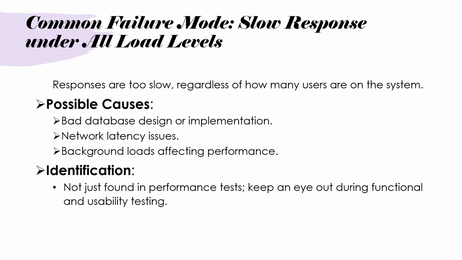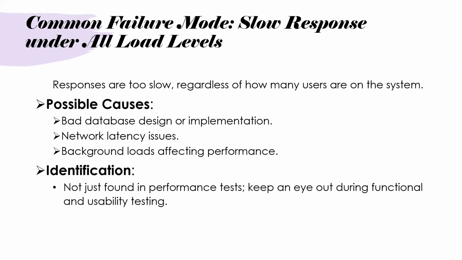This means responses are too slow regardless of the number of users, which means when you're trying to access the application, it is really slow without even having concurrent users. For this one, possible causes could be a bad database design or implementation, or your network is too slow. Also, there could be a background load affecting the performance of your application.